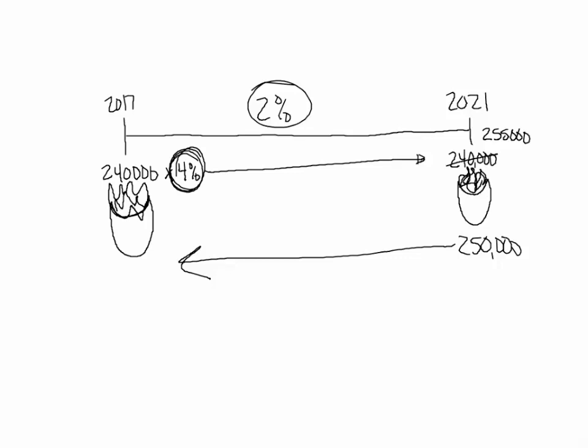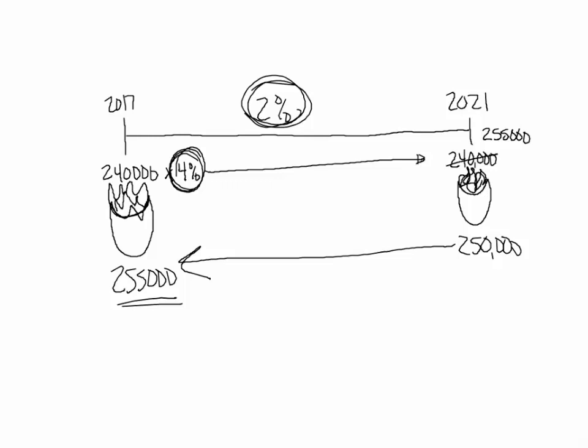The $250,000 is taking into account only the 2%. I'm earning 4, so this amount here will be $255,000. If I use it the other way. Is that clear? That's what the present value is showing us.